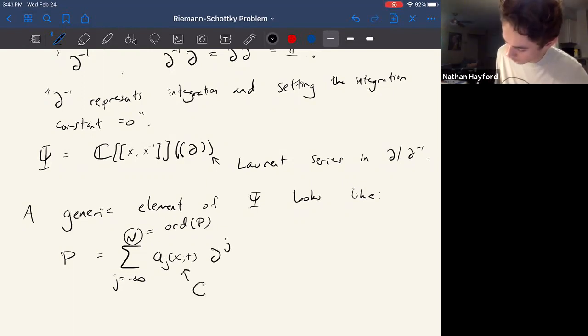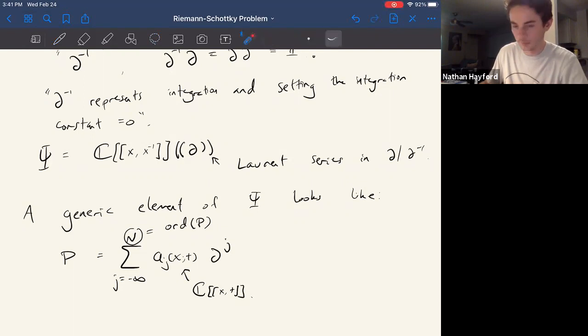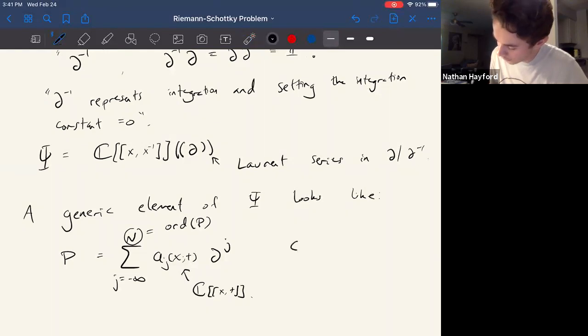And these objects come from the formal power series. So in case you're not familiar with the notation, the round brackets mean Laurent series. The double square brackets mean power series. And a generic element of this ring looks like this. So this is in Psi. Let me put a box around this.